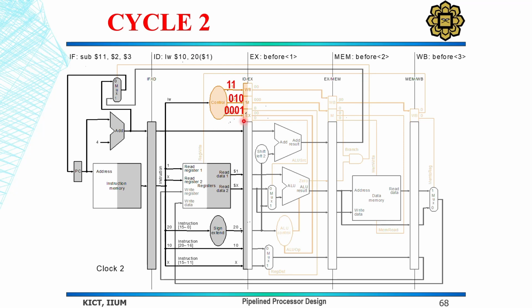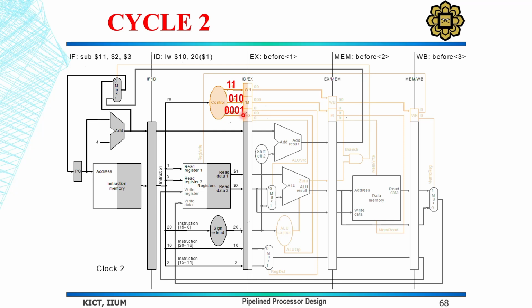we have 0, 0, 0, 1. Starting from the leftmost, this 0 is register destination, which is RT. Then this 0 is ALU operation 1, and this is another 0 for ALU operation 0. Finally, the last one is ALU source.